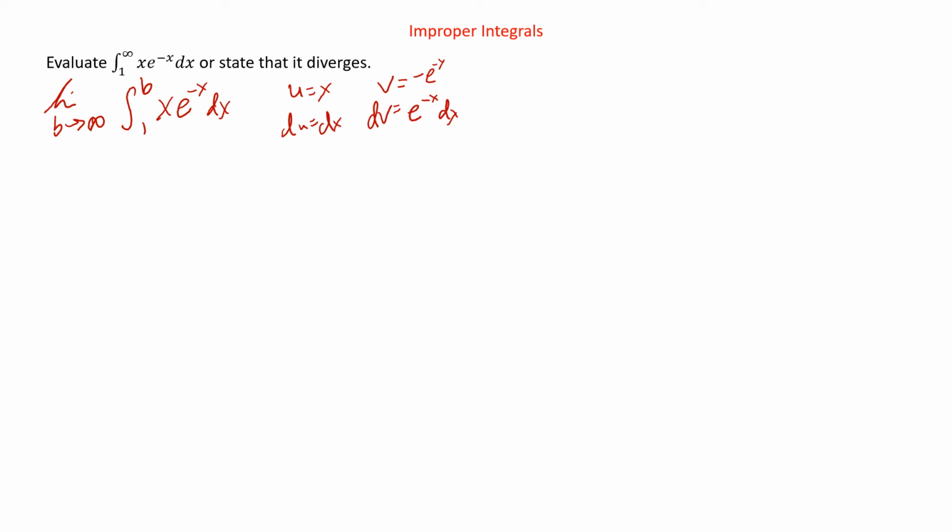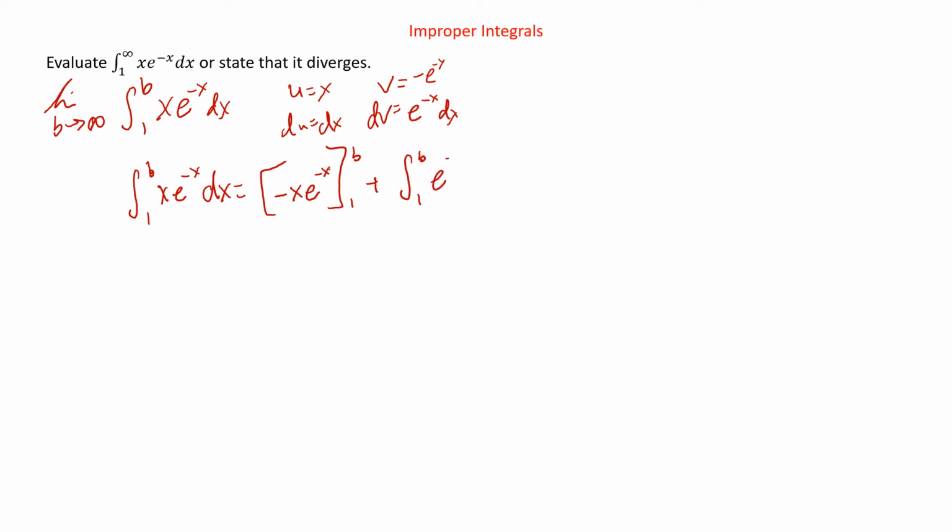So our integral, I'm going to ignore the limit part for a second. The integral from 1 to b of x e to the negative x dx will equal uv. So we have negative x e to the negative x, and we have to go from 1 to b, plus, well, minus the integral from 1 to b of v du, but that's a negative e to the negative x.